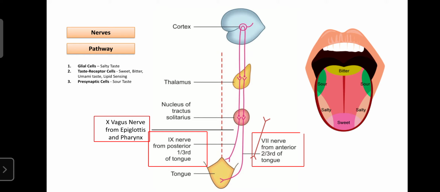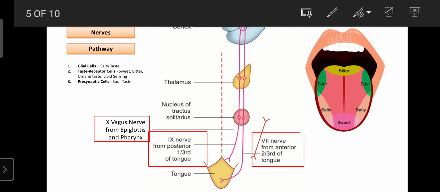This is done with the help of three nerves. The first is the seventh cranial nerve, which carries the impulses from the anterior two-thirds of the tongue. When the stimulus occurs, with the help of these cells, the impulses are carried towards the cortex for detection of the taste.